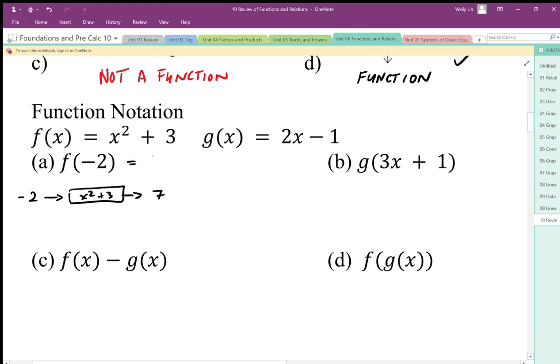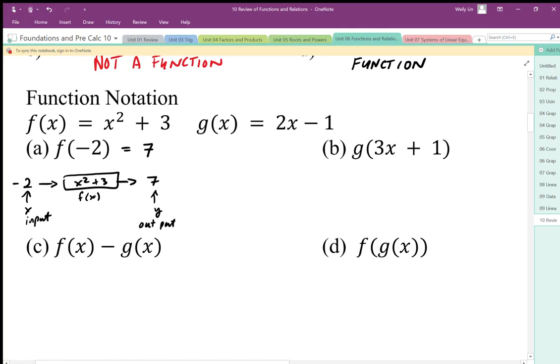My output is 7, or my y value is 7. This is my x, my input. There's my f of x, my function. And this is my y, my output. My domain, my range.